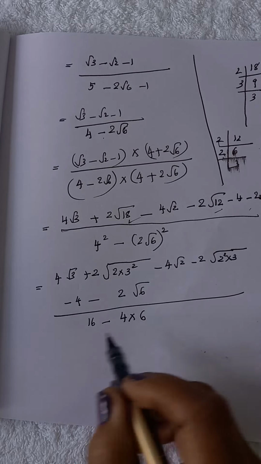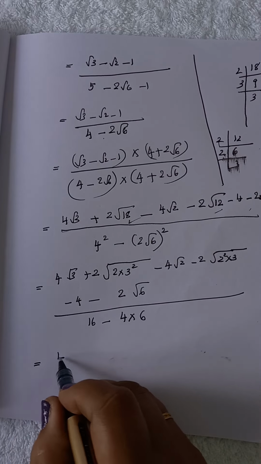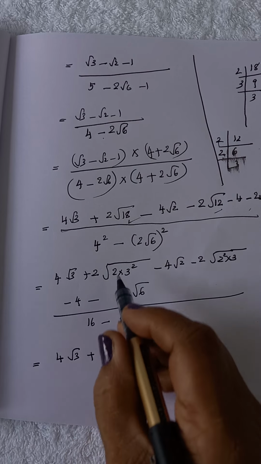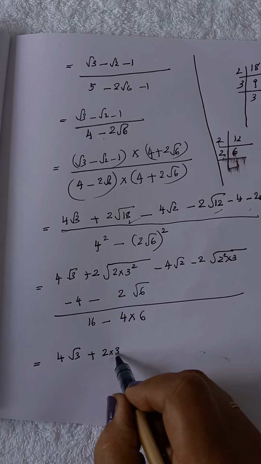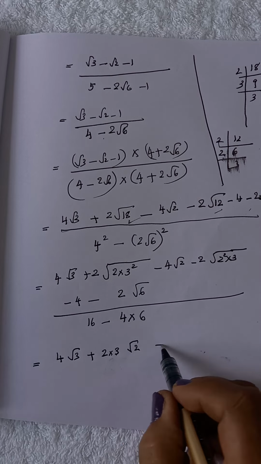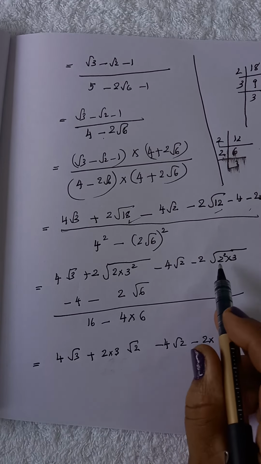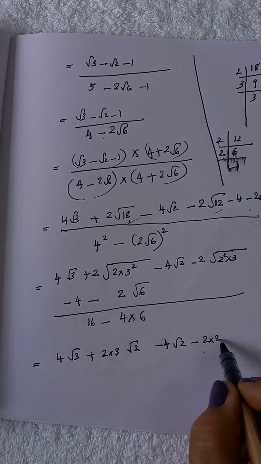That is equal to 4 root 3 plus 2 into this root 3 square is 3. So what is remaining there? Root 2 minus 4 root 2 minus 2 into here root 2 square is 2. Then what is remaining? Root 3.